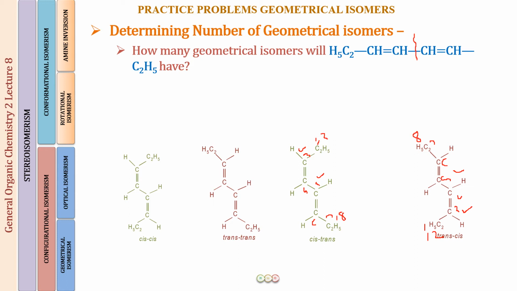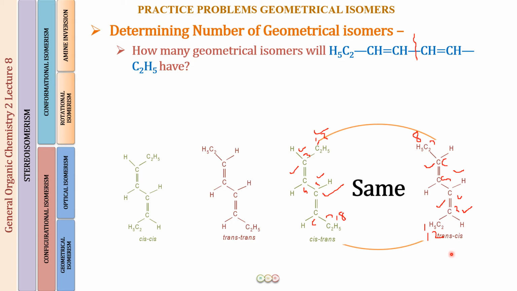So when you start the numbering from this side, this is a cis and a trans. If you start the numbering from this side, this is also a cis and a trans. So essentially these two structures are identically the same. If you are numbering from this side, this is a cis and a trans, and this is a trans and a cis.